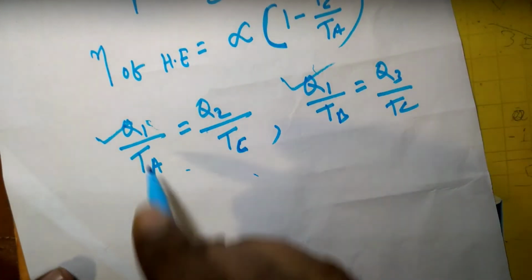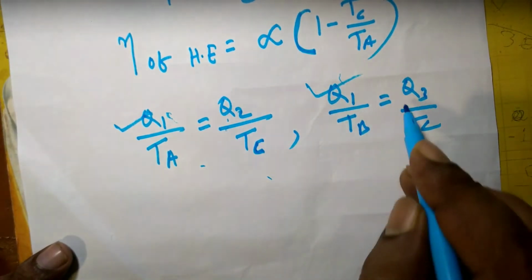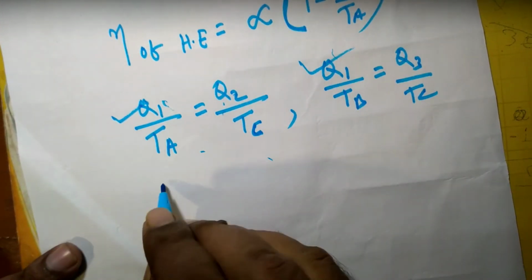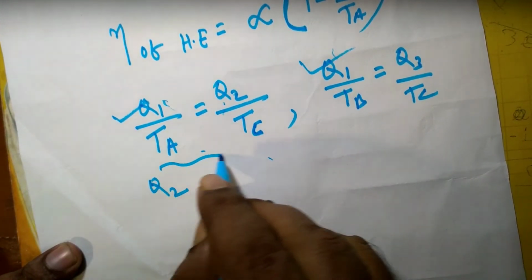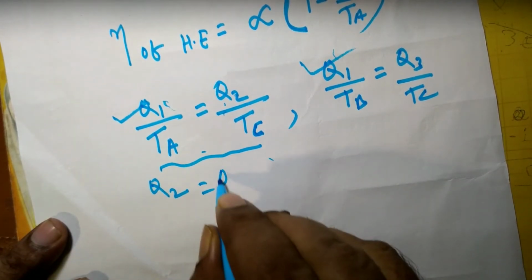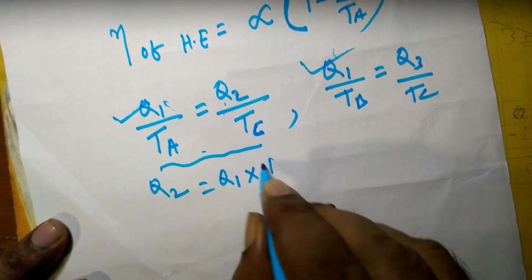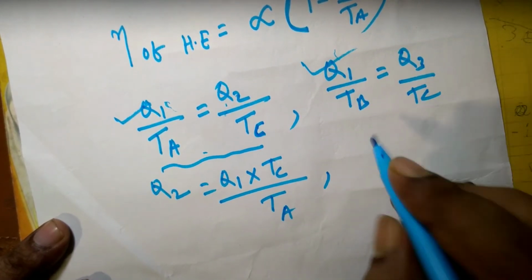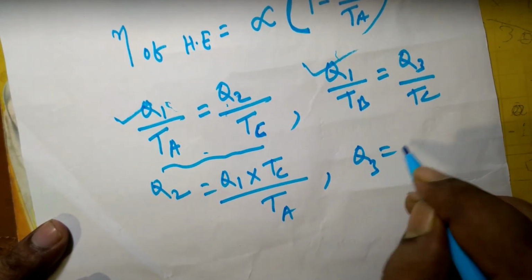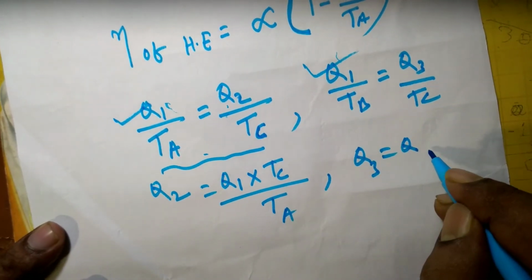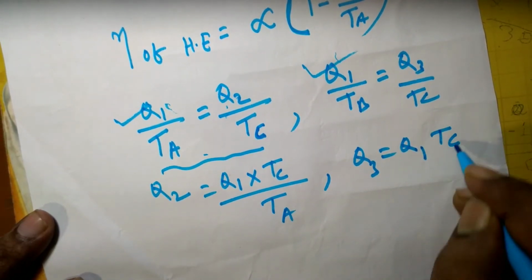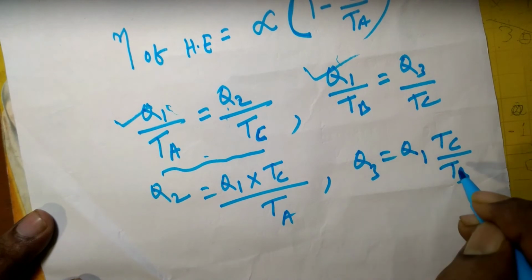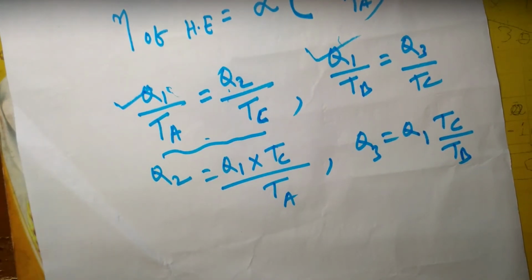From both these relations, we can easily calculate the value of Q2 and Q3. So Q2 from this expression will be Q1 multiplied by TC upon TA. And from this, Q3 is equal to Q1 TC upon TB.